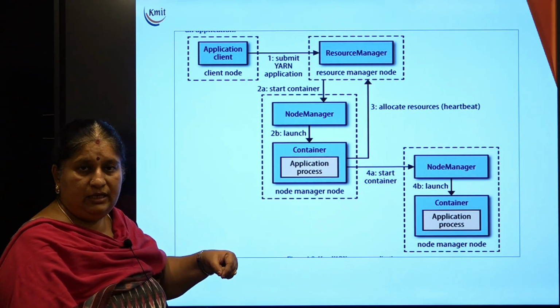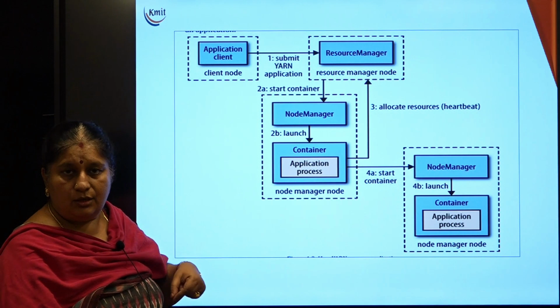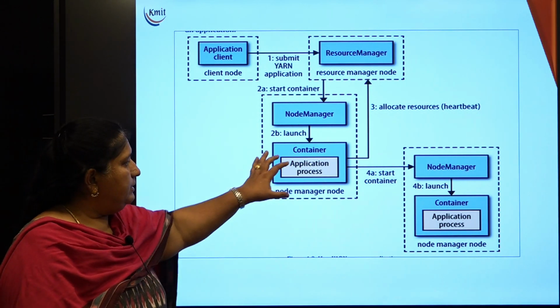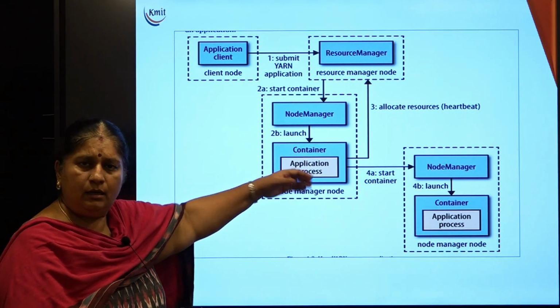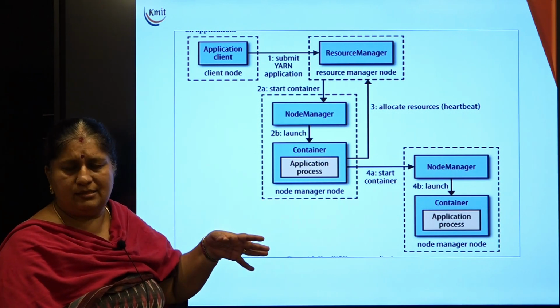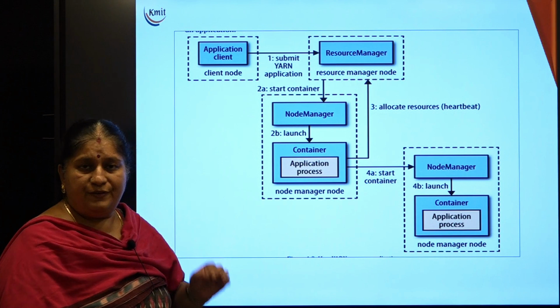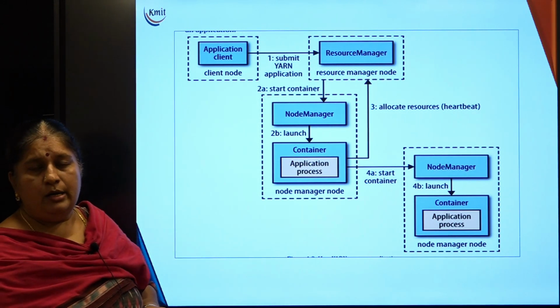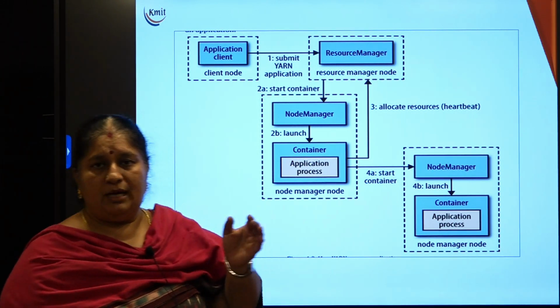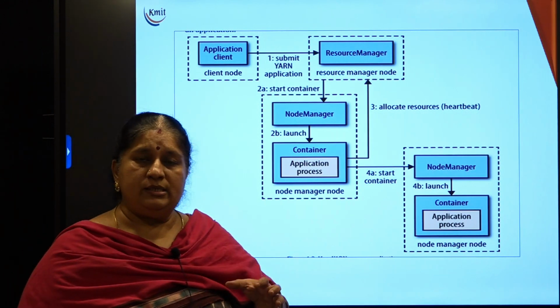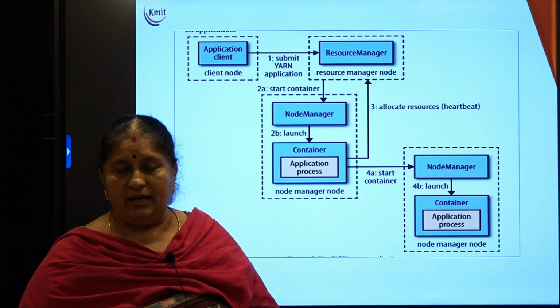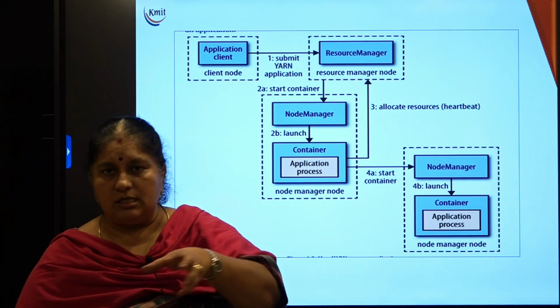If the node manager can finish the execution with the available resources in a single container, it will proceed and submit the answer. On the other hand, if this node manager feels the need to split the application into multiple tasks and request the services of other node managers, each one can run a specific task.